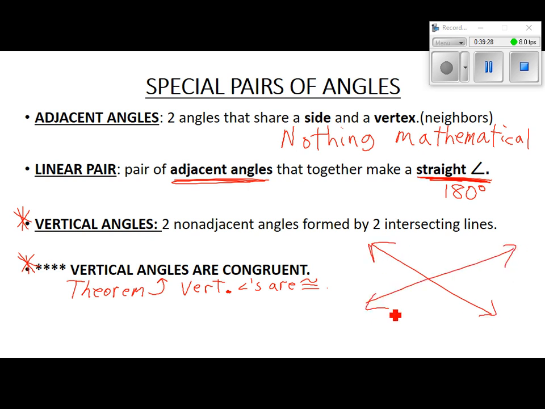And they have to do what? Intersect. How many angles are formed when you do this? 4. Draw this picture on your paper and number these angles 1, 2, 3, 4.